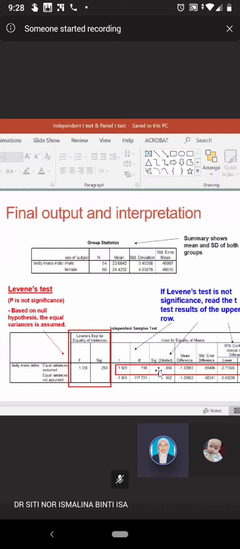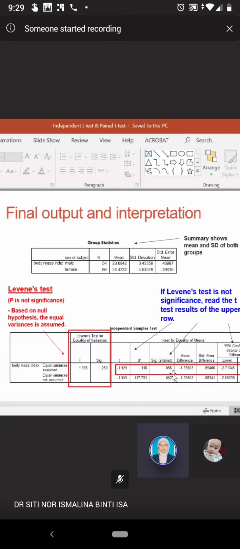The p-value here is 0.056, which is also not significant, right? More than 0.05. So do we reject or not reject the null hypothesis? If our p-value is not significant, more than 0.05, we do not reject the null hypothesis.